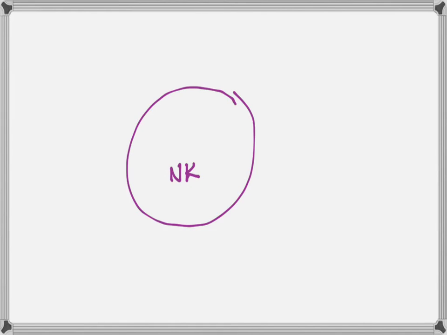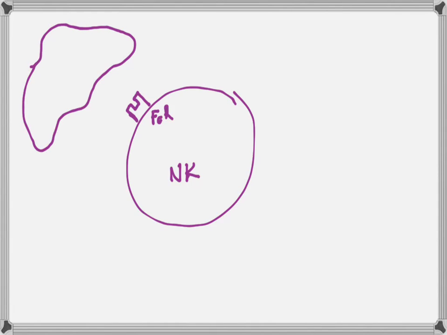NK cells. NK cells actually also have Fc receptors. When, let's say in this case, let's deal with a eukaryote. Let's say an amoeba, brain-eating amoeba.